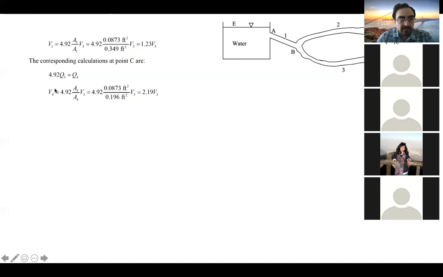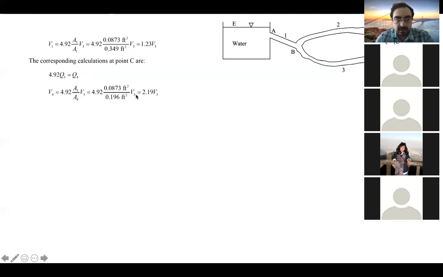And so I use this to also get a relation between V4 and V3. Instead of Q3, I write V3 A3, and instead of Q4, I write V4 A4. And so this is going to give me a relation for V4 and V3. V4 equals 4.92 times the ratio of the areas, A3 over A4, times V3.